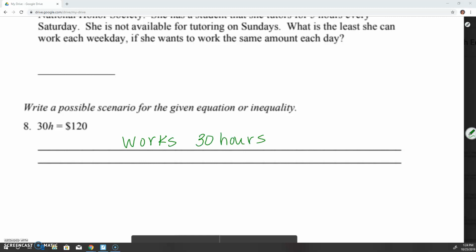Then what? She makes how much money? 120. So how much does she make per hour? So you have to just write your own word problem.